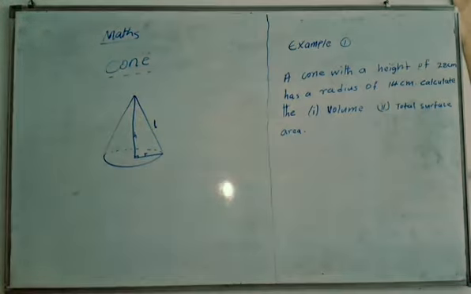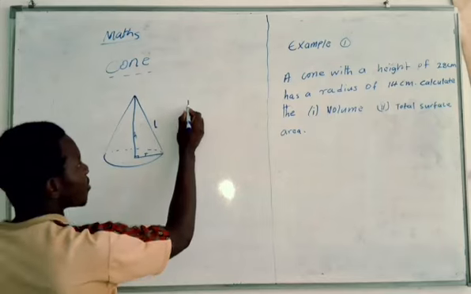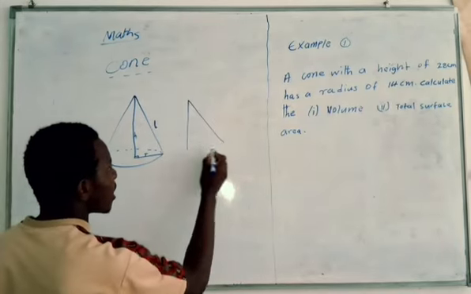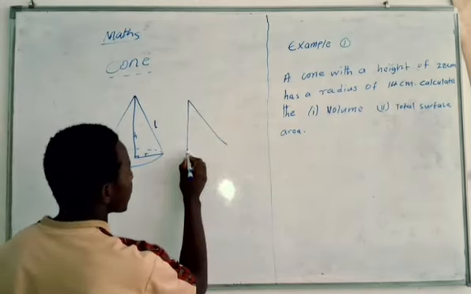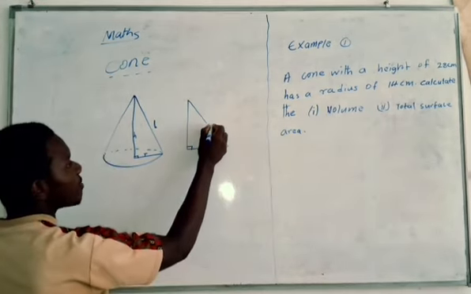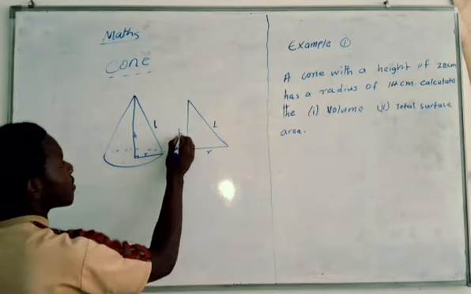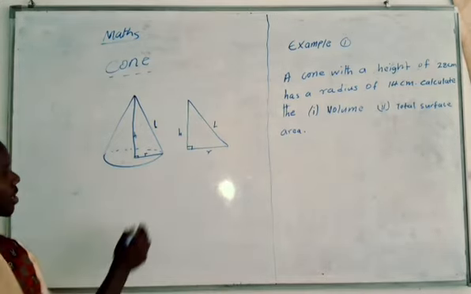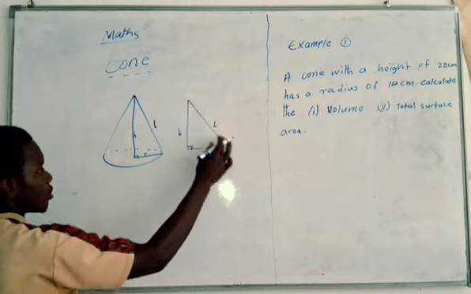If you look at this, we are going to have a right angle triangle. If you take it out, you'll find we have the radius, the slant height, and H. Here is our hypotenuse.